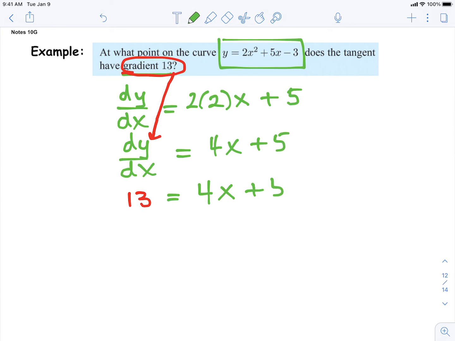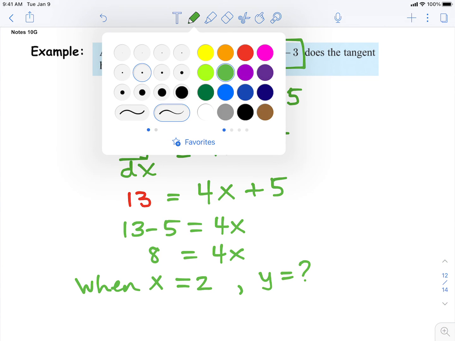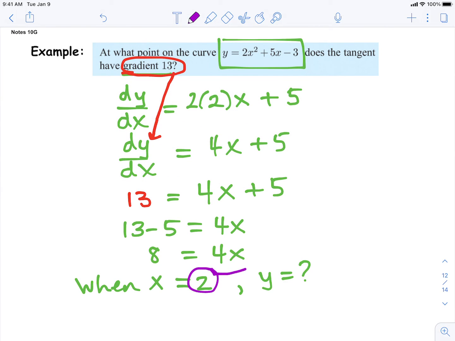And we're going to solve this equation for x. So we're going to subtract 5 from both sides, giving us 8. And then we're going to divide both sides by 4, giving us x equals 2. So when x equals 2, we need to find the y coordinate. So how you find the y coordinate is you need to substitute 2 back into the original equation for x.